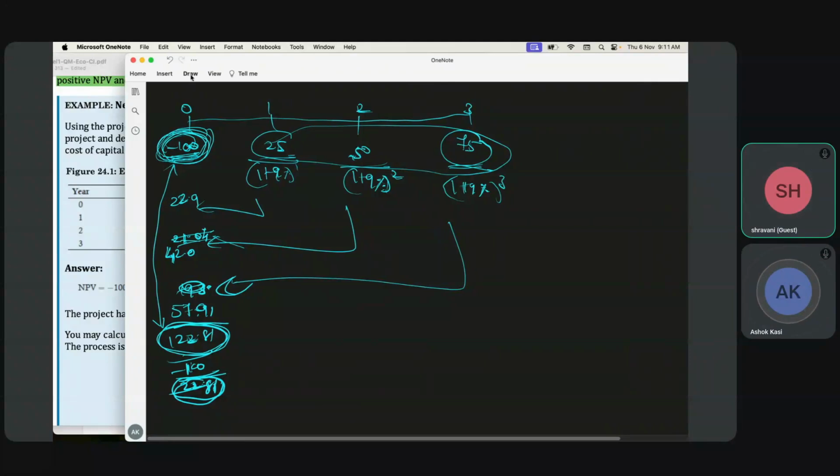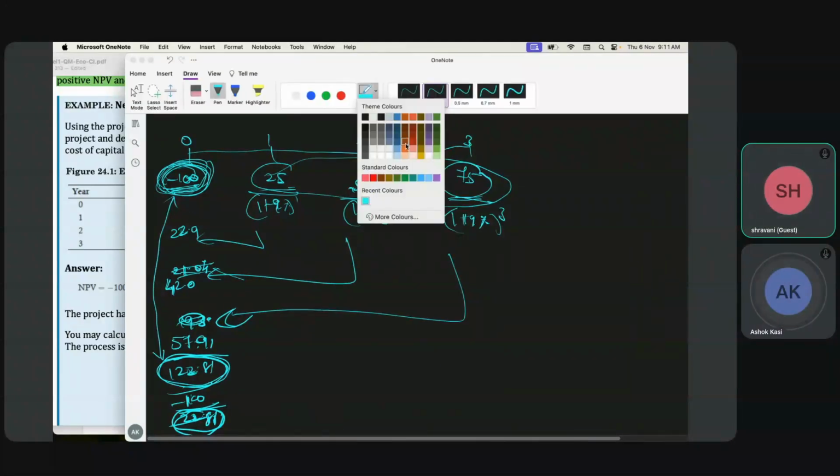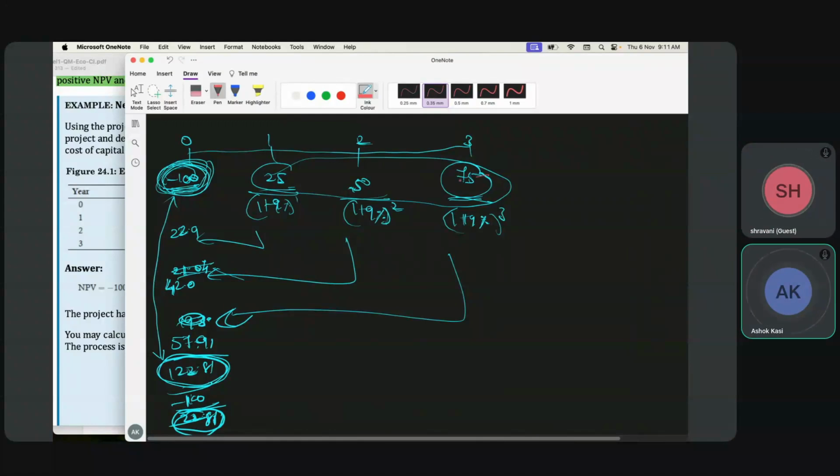Say for example, assume that instead of 75 here, it is coming to 55. Now you calculate. 42.47. Now you add up all this: 107.37. 107 means I'm still getting 7 rupees.